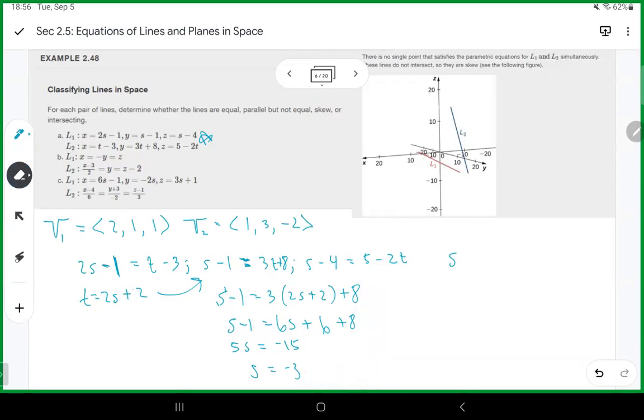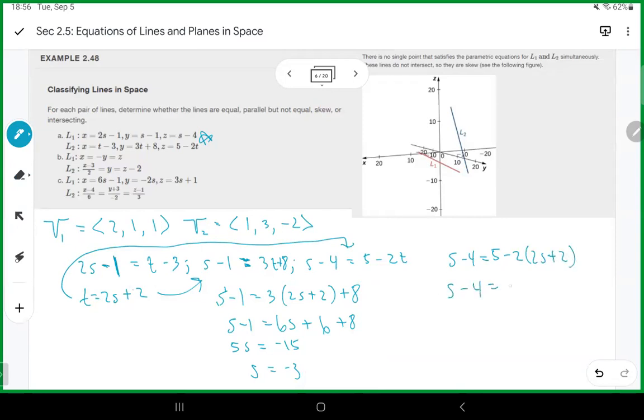We want to compare s minus 4 by minus 2 times 2s plus 2. We get s minus 4 equals 5 minus 4s minus 4.